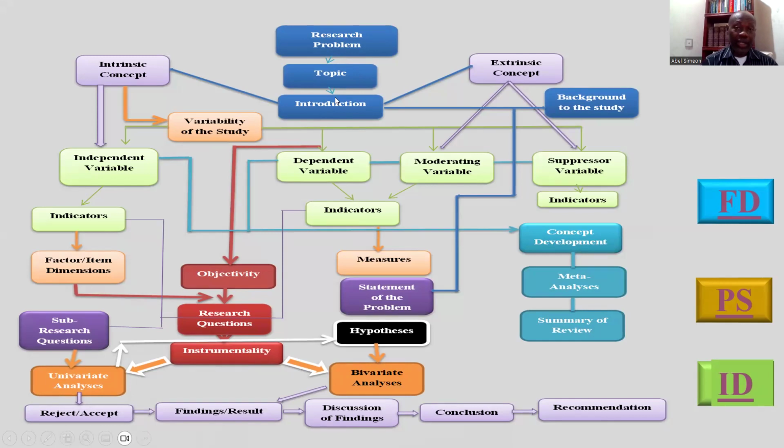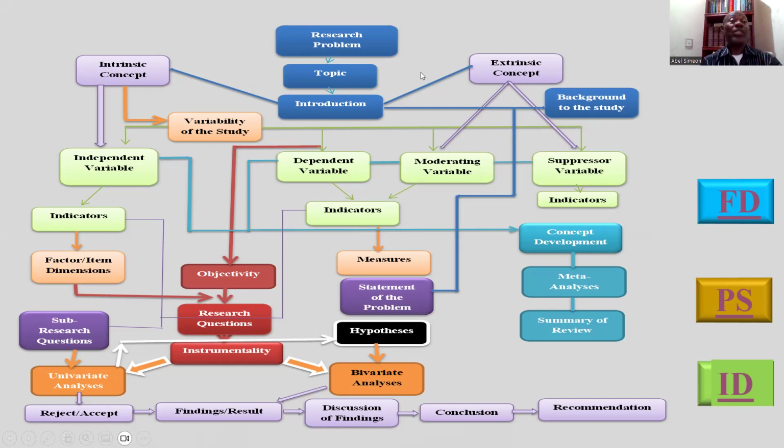The introduction here is not the conventional general introduction. In the general introduction, we have the background of the study, the statement of the problem, the research objectives, the research questions, the research hypotheses, and the significance of the study.